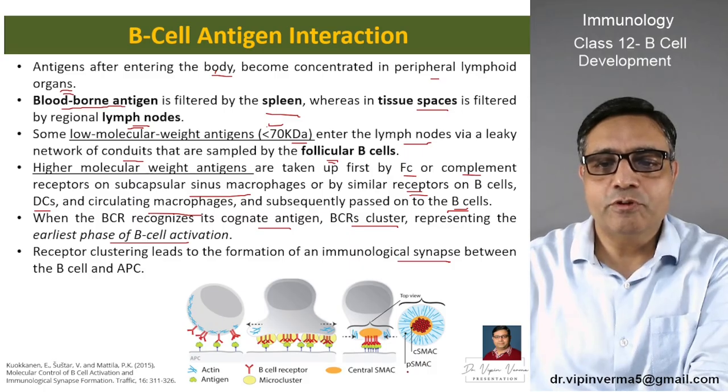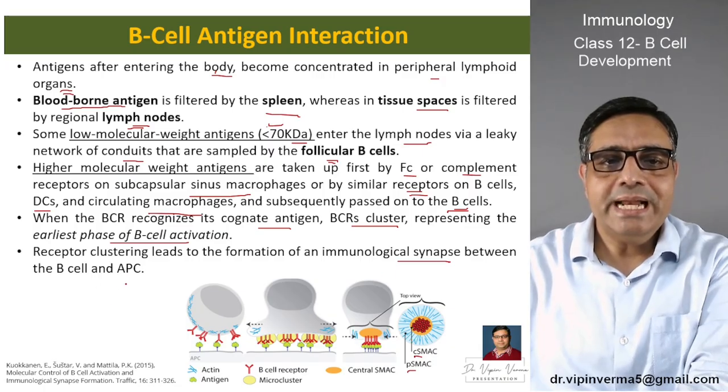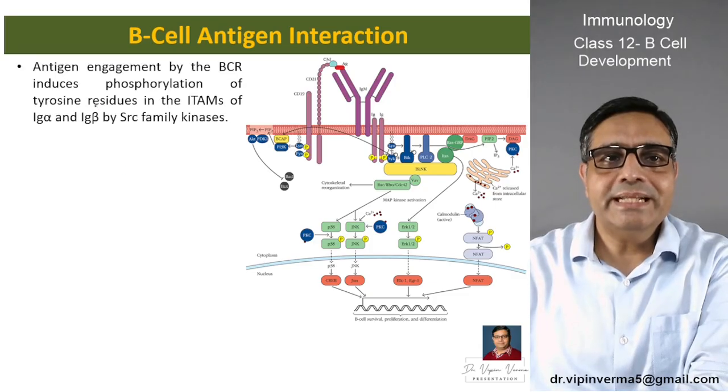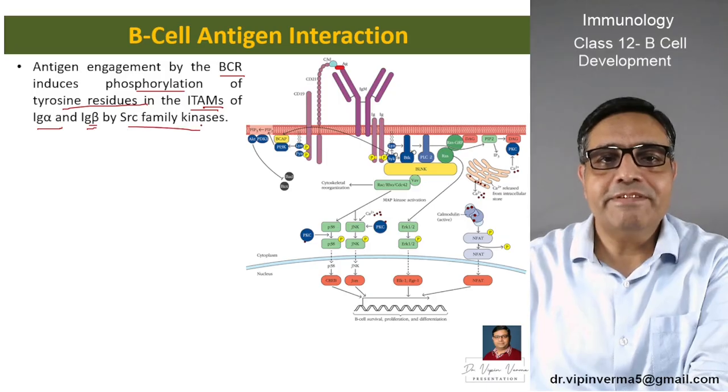P stands for peripheral and C stands for central synapse between the B cell and APC. Now, if we see the B cell antigen interaction, then antigen engagement by the BCR induces phosphorylation of the tyrosine residues in the ITAMs of Ig alpha and Ig beta by SRC family kinases.